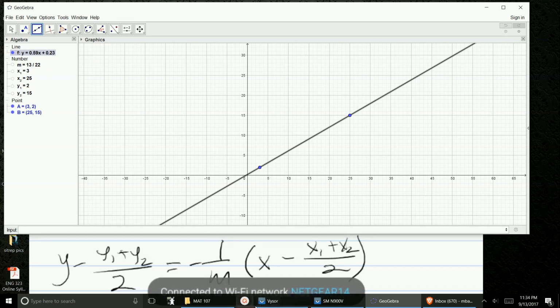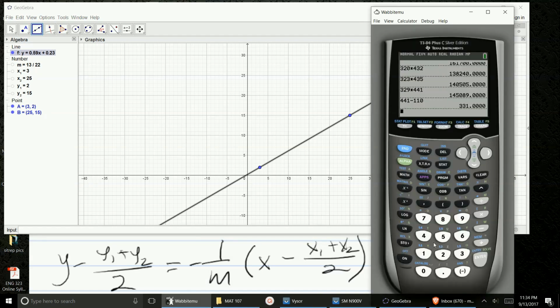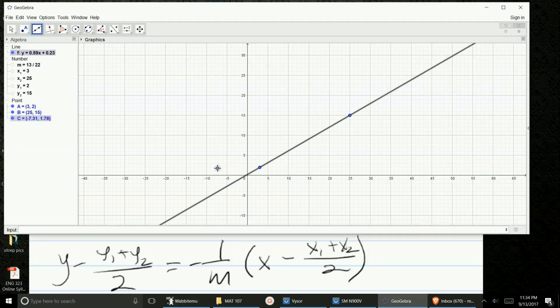If you do 13 divided by 22, you should get 0.59. Okay. So, oops. Alright, so that's that slope, and we knew that was going to happen. Why did that change? Okay. Anyhow.